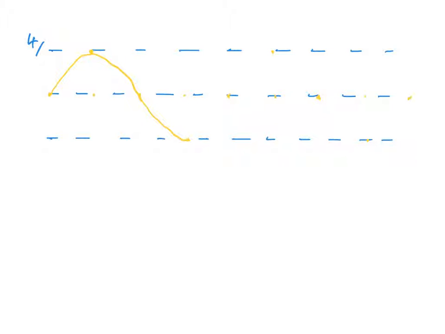Down to the bottom for the 4th dot, back up through the 5th, to the top at the 6th, back down through the 7th, to the bottom for the 8th, and back up for the 9th. Now, I do find this much easier to do in a jotter or something like that, but you get the basic idea there.